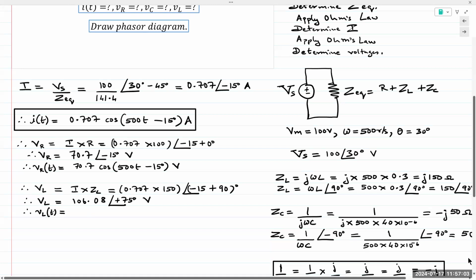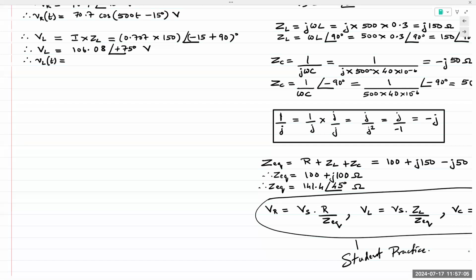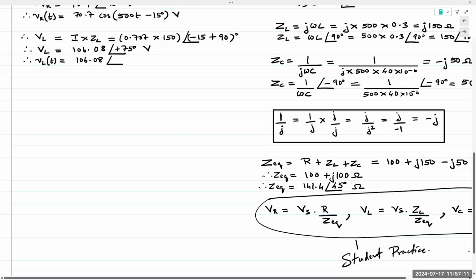Lowercase typically means the time domain expression. So VL of t is 106.08 cos of 500t plus 75 degrees volts.